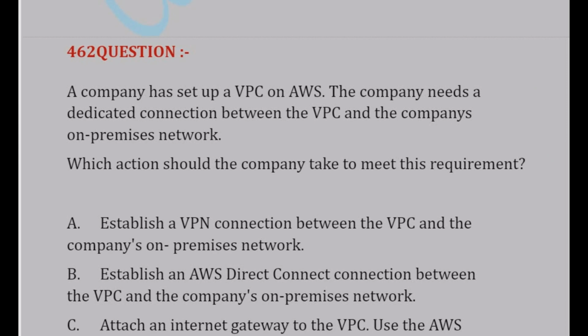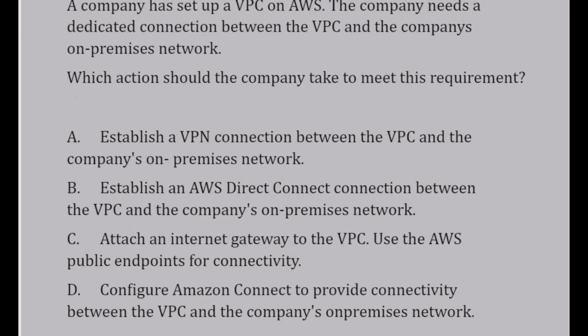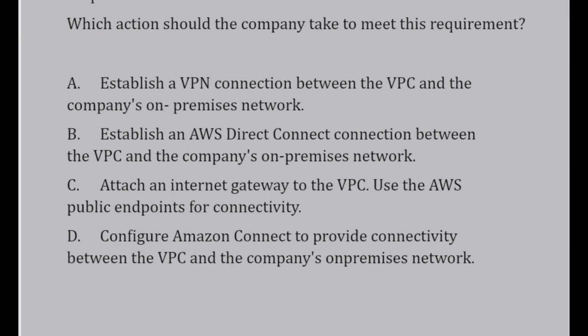Question is, a company has set up a VPC on AWS. The company needs a dedicated connection between the VPC and the company's on-premises network. Which actions should the company take to meet this requirement? Option A, establish a VPN connection between the VPC and the company's on-premises network.